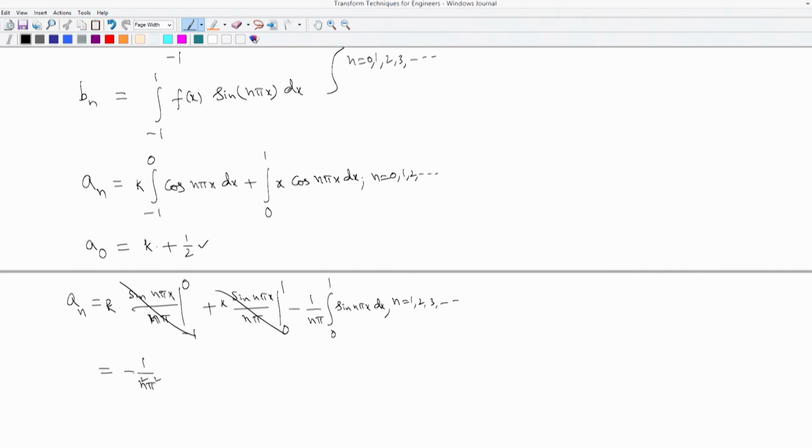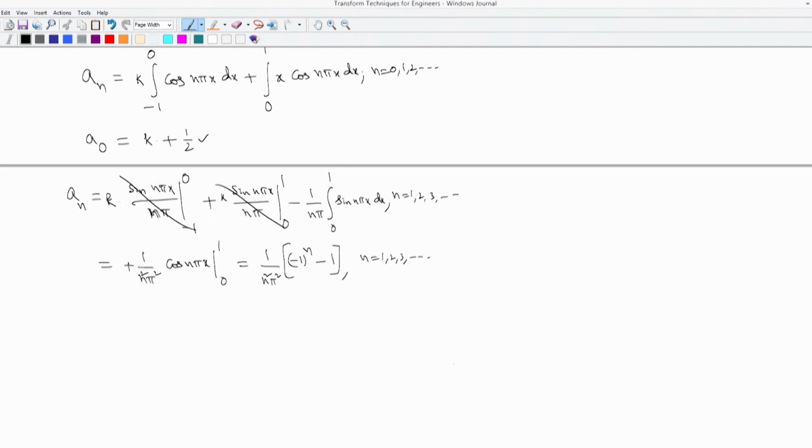This outside n pi will become plus, minus minus plus. So you have cos n pi x between 0 to 1. So you see this is cos n pi minus cos 0. So what you get is 1 by n square pi square times (minus 1 power n, that is cos n pi, minus 1). So this is what you have, n running from 1 to 3 onwards. So this is my a_n.